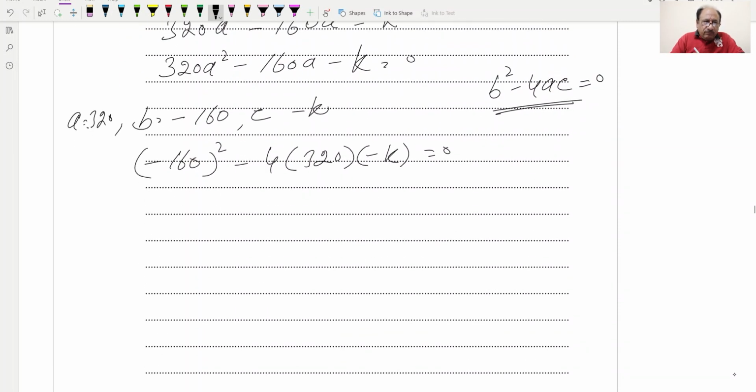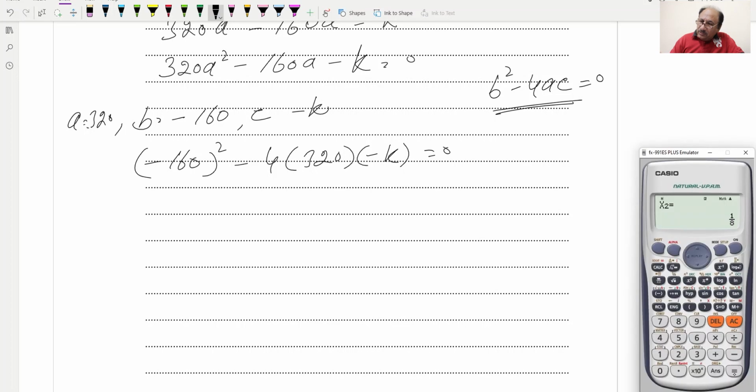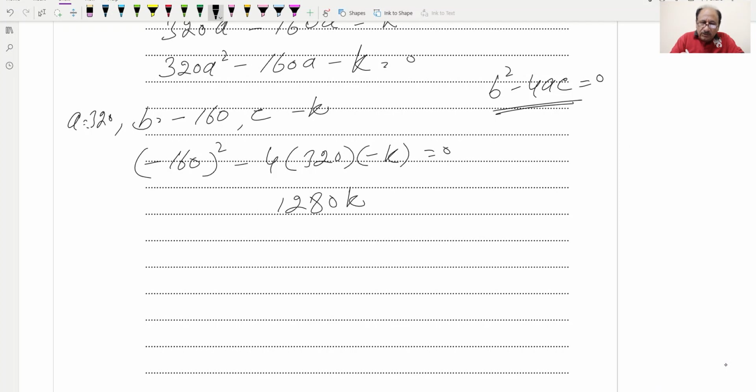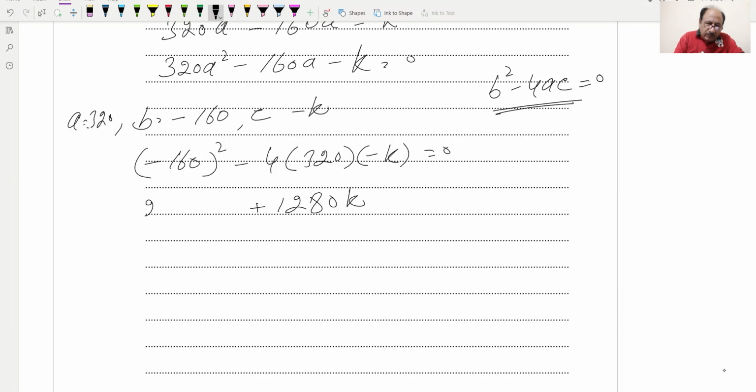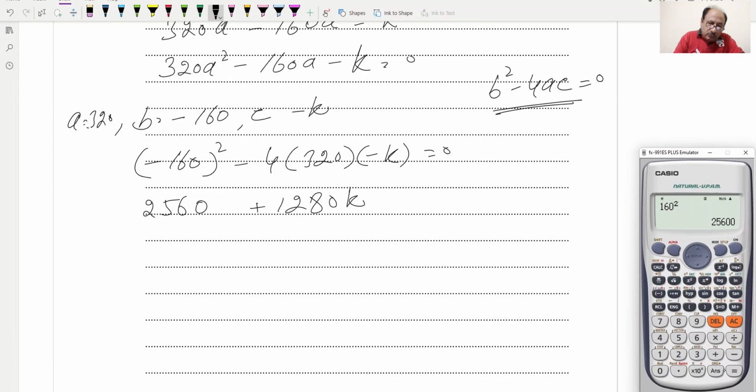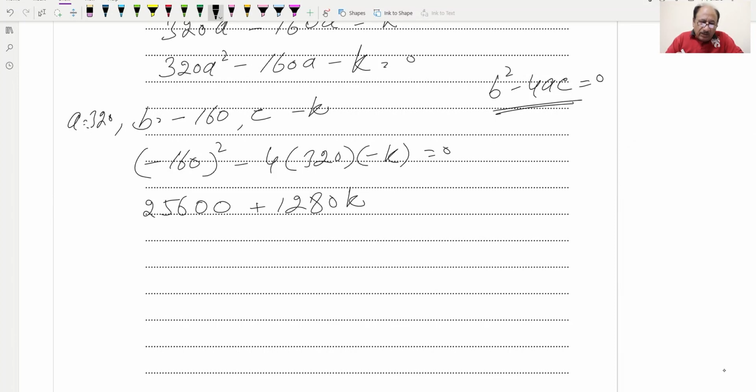And now we can simplify. This will be 4 multiplied by 320, which is 1280k, and minus minus will be plus, and this will be 160 squared. 160 squared is equal to 25600, and now we can basically equate to 0.